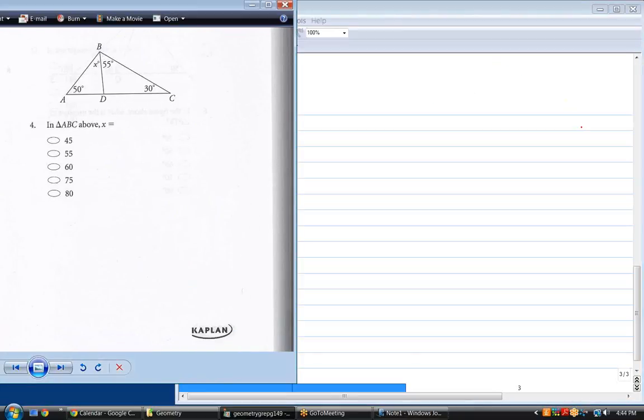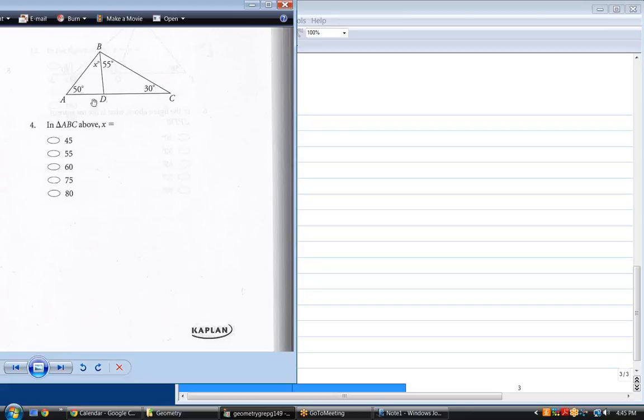Slightly more complicated. Okay. So, in triangle ABC. All right. Well, still asking about x in triangle ABD, yeah.